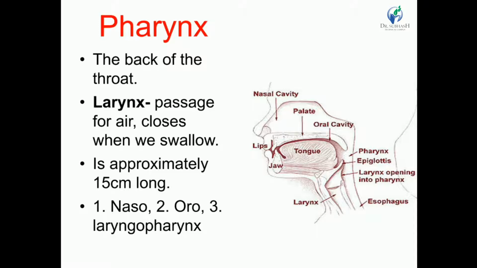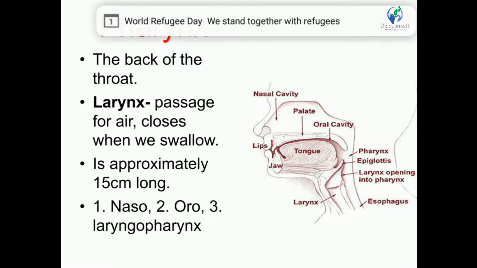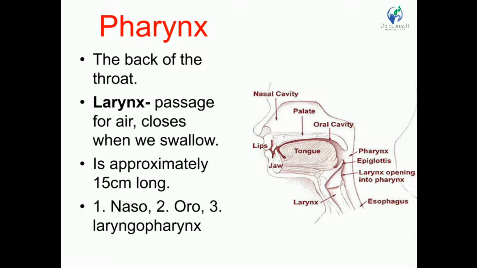Next part after the oral cavity is the pharynx. As you can see here, the division of the pharynx: there are three different parts, starting with the nasopharynx, oropharynx, and the laryngopharynx, which we have already studied during the anatomy of the respiratory system.